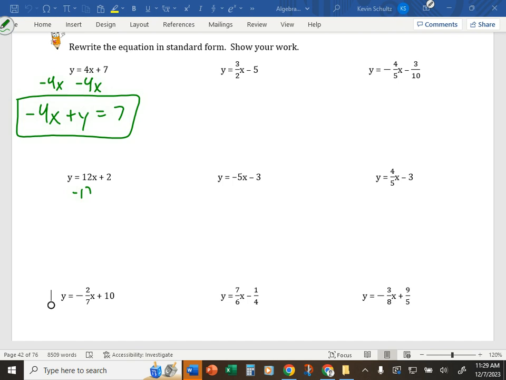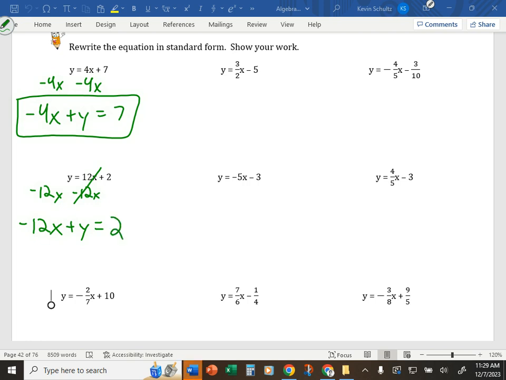So subtract 12x from both sides, because on the right side, if you have 12x's, you take them away, now they're gone, right? Cancel out. And on the left side, we've moved those 12x's over. They're now negative 12x's on the left side with our y term, which we don't combine. And what's left on the right side is 2.